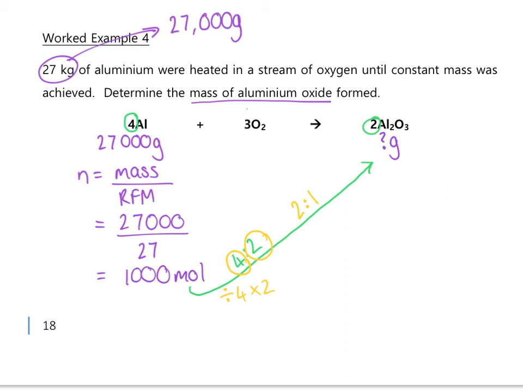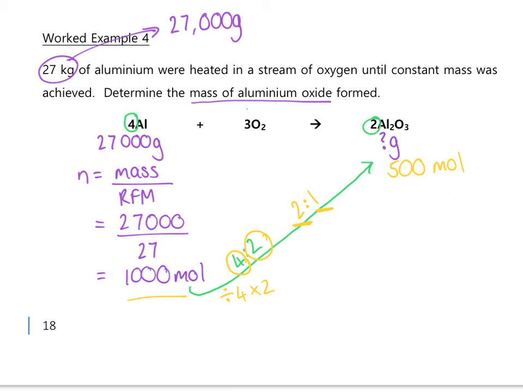So if I had 1,000 moles of aluminium, I'm only going to produce 500 moles of aluminium oxide. Whatever way you want to do it, it works out exactly the same. And you can do it for your simpler ratio as well. That means you need to do 1,000 divided by 2 and then multiply by 1. 1,000 divided by 2 is 500 moles. So for 1,000 moles of aluminium, I'm going to produce 500 moles of aluminium oxide.